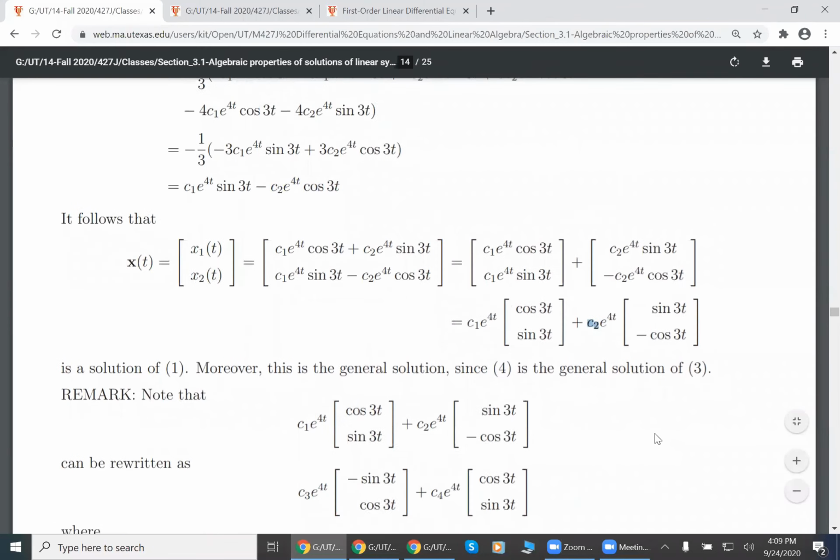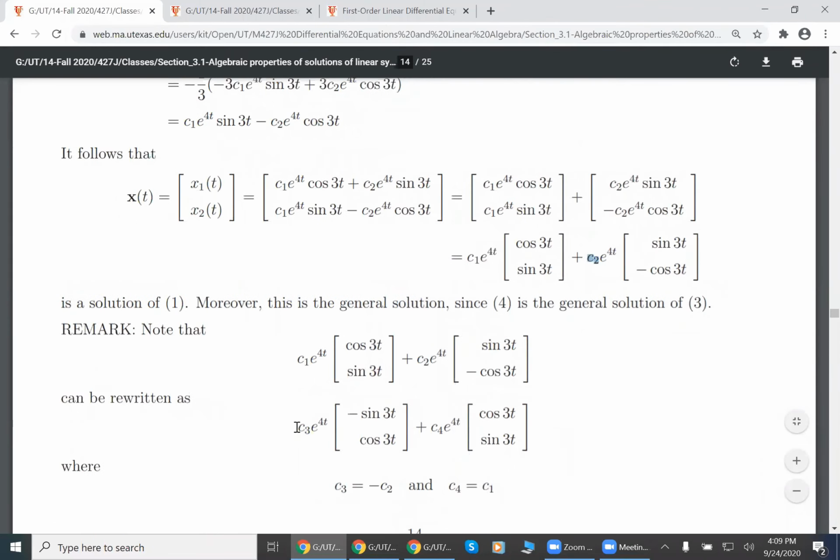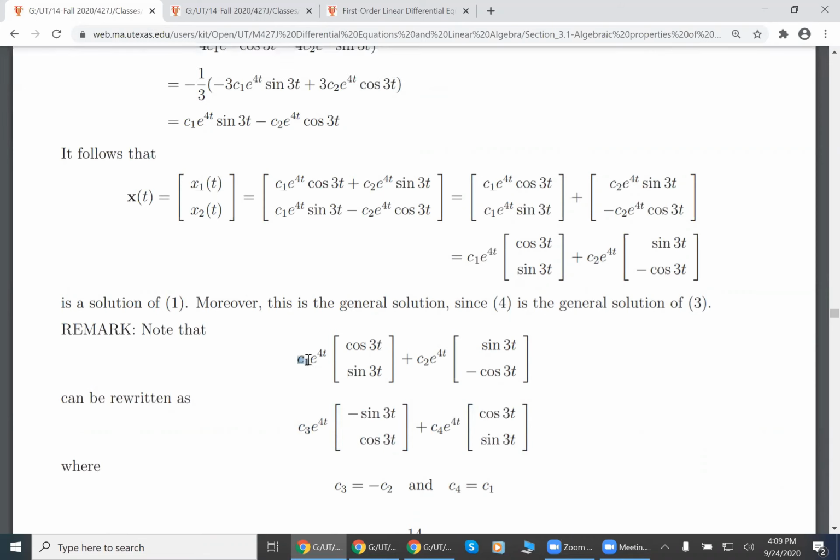Now, if we apply method number 2, here is the answer. It is easy to compare these answers. If we replace C1 by C4 and C2 by negative C3, we'll get the same thing.